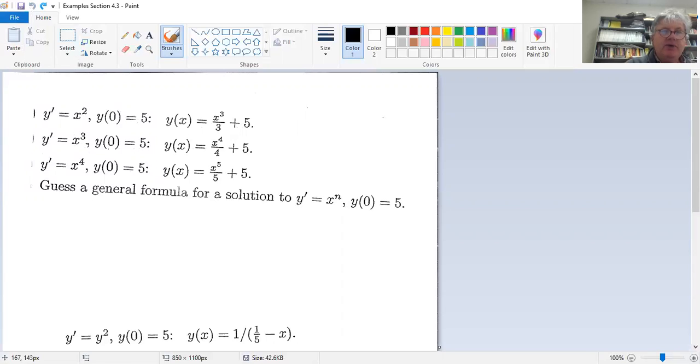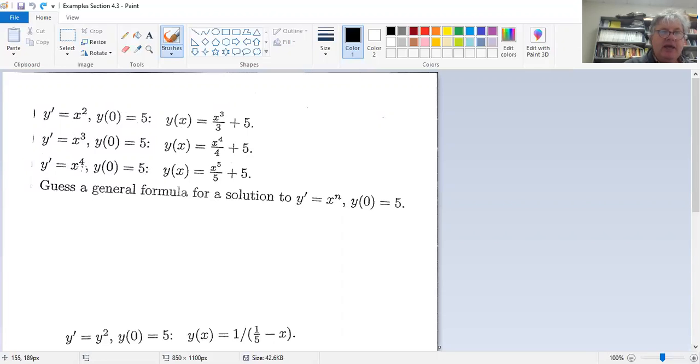Similarly, if we take x to the 4th over 4 plus 5, we take the derivative of that. Again, 5 disappears, down comes the 4, and so we subtract 1 from the 4, and we end up with x cubed. And then if we plug in 0 in here, we get 5.